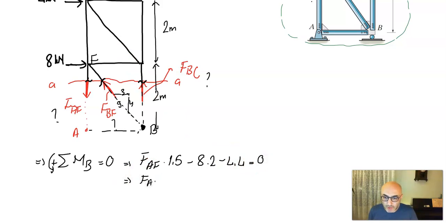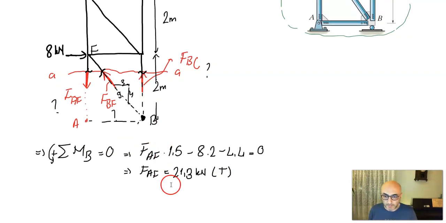So this equation gives me FAF equals 21.3 kilonewton, and since I find a positive value, my initial assumption for the direction of the force is valid, so that's a tension member, FAF.